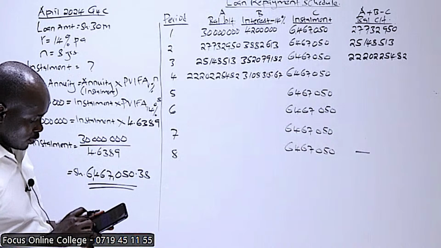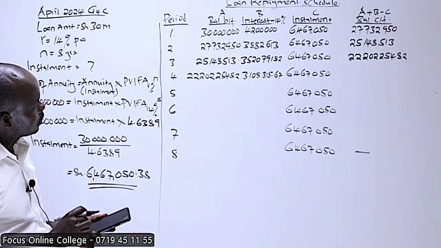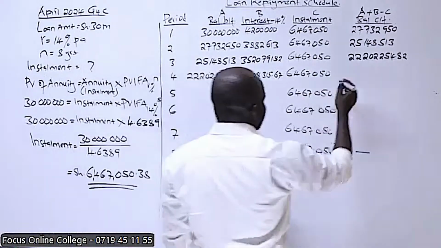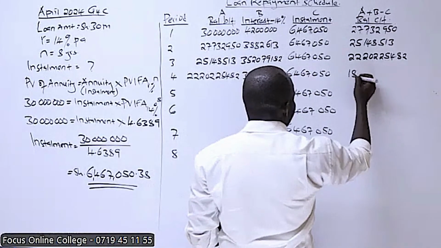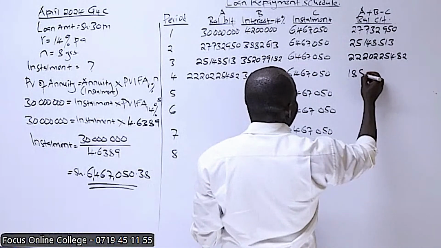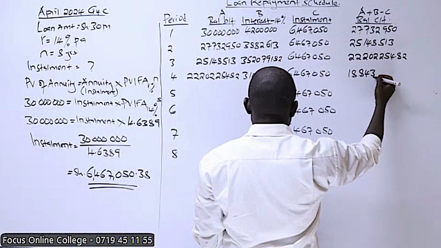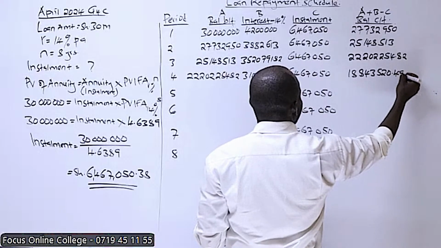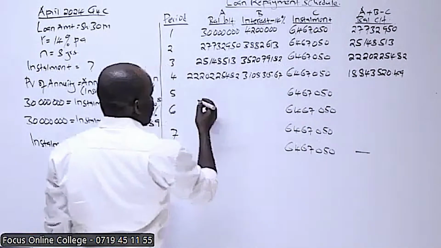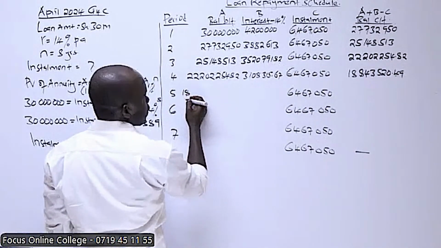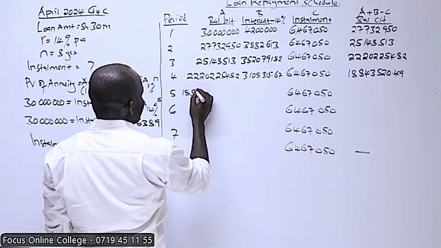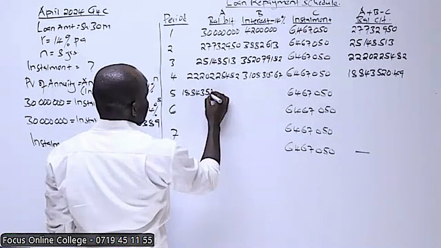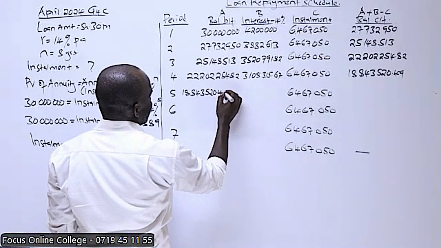minus 6467, 050. So here I'm getting 18, 843, 520.49.